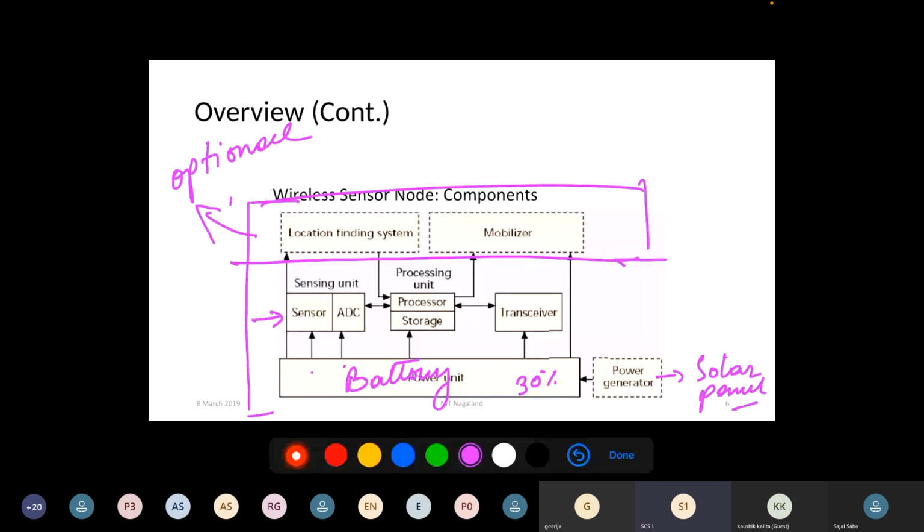Now your sensor is working and sensing, and the sensed data is in analog mode. It will be converted through the analog to digital converter and then sent to the processor, and the processor will process the data because the initial level of filtering will be done by the processor. Also, I need to connect particular data with the GPS data.